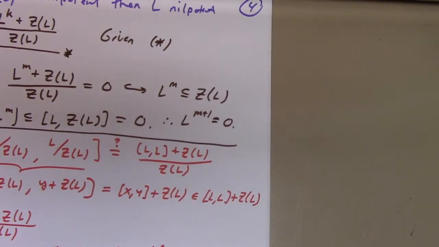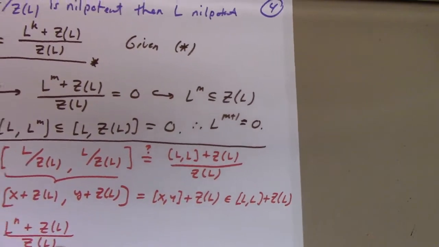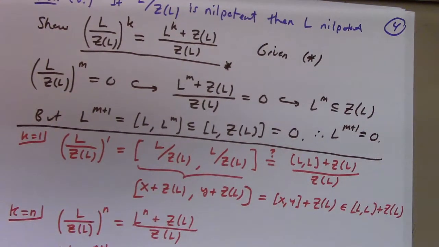I haven't been terribly careful here, but I think you can see how to make it careful. Okay, so getting back to work. Then that shows that if L mod the center is nilpotent, then L is nilpotent.